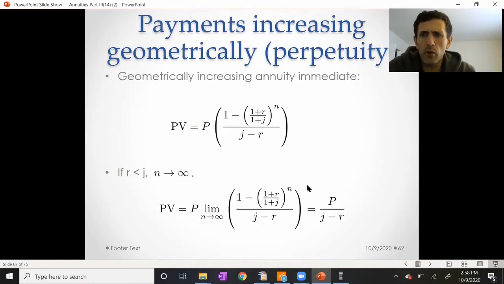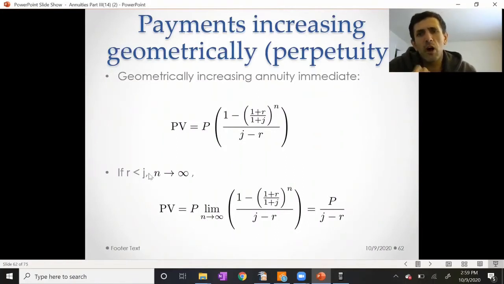So we just get the formula: the present value of this annuity immediate in perpetuity, where the payments increase by 100 times R% each period, is P over (J minus R).